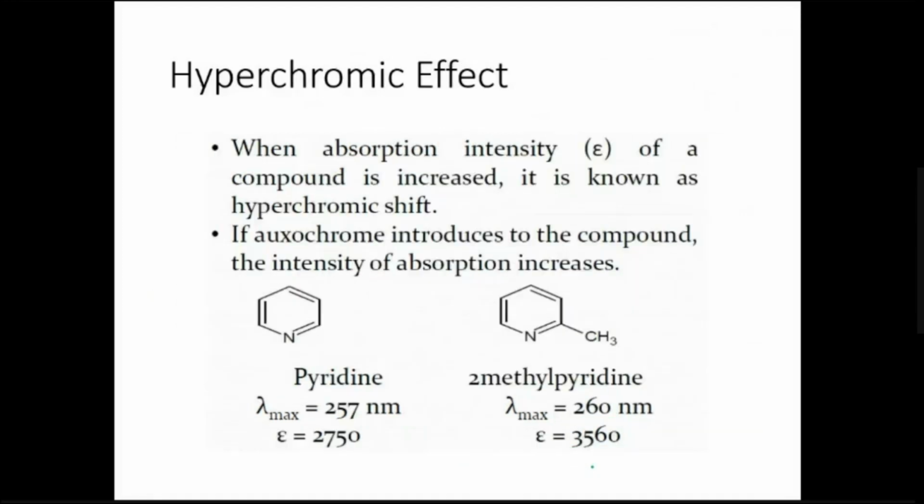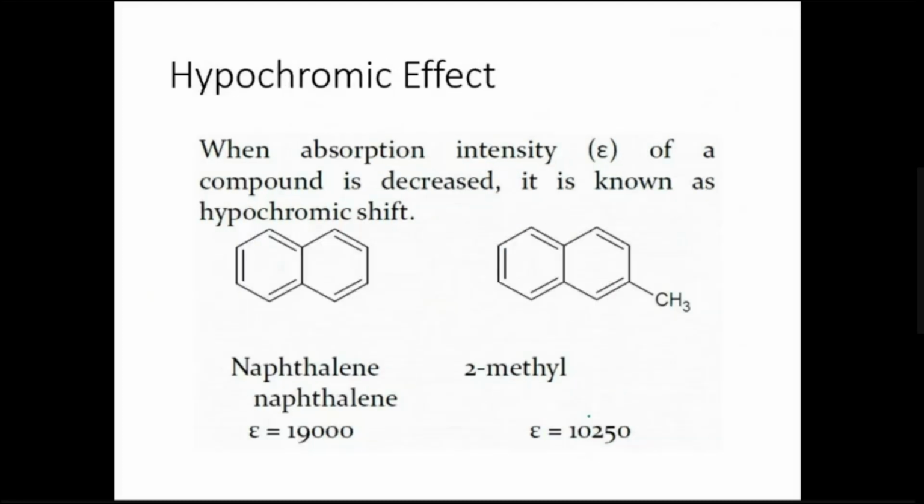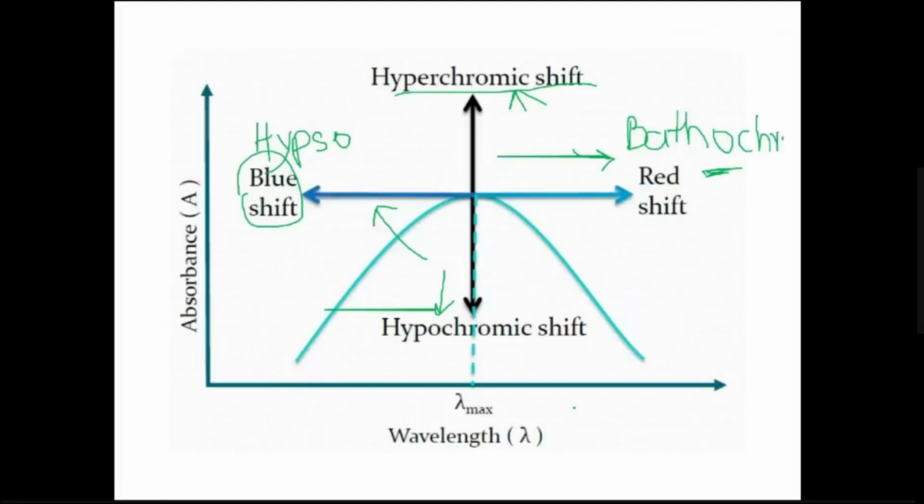So it is hypsochromic shift. Hyperchromic shift, you attach CH3 group and you will observe that absorbance per mole has increased. In hypochromic effect, you add CH3 and you will observe that the absorbance has decreased.